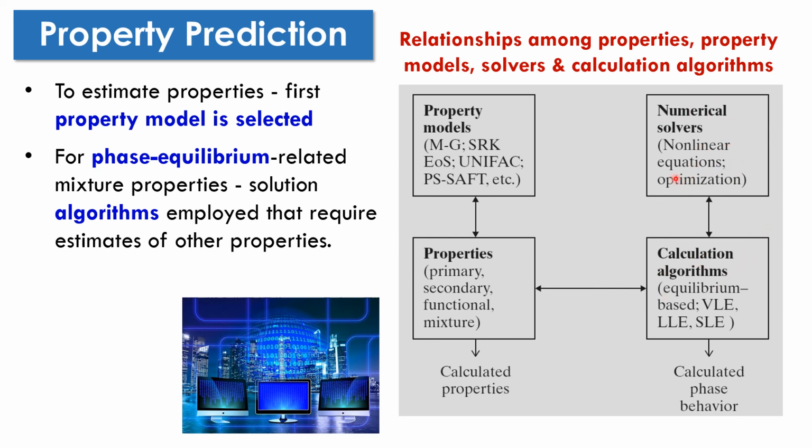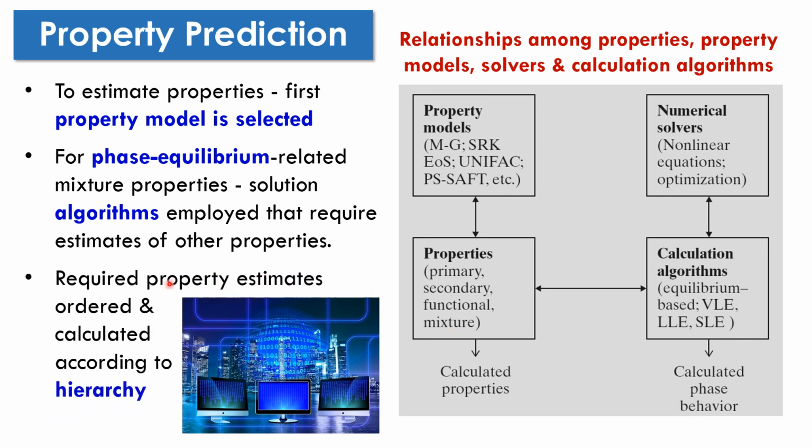Using this numerical solver, we need an algorithm so that we can calculate whatever phase behavior is needed. Okay, so the required property estimates are to be ordered and calculated according to the hierarchy. Since we are already in mixture, of course you may need information on the primary properties, secondary properties, functional properties, and only at the end will you be able to calculate the properties of the mixture.